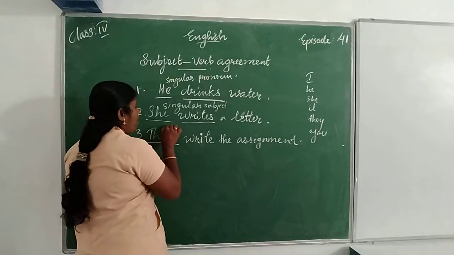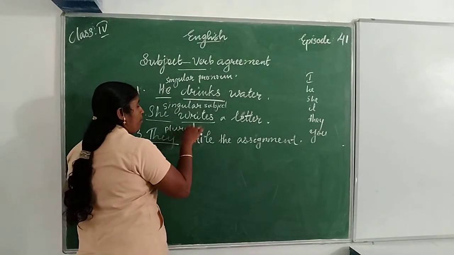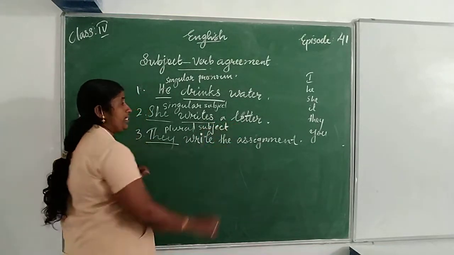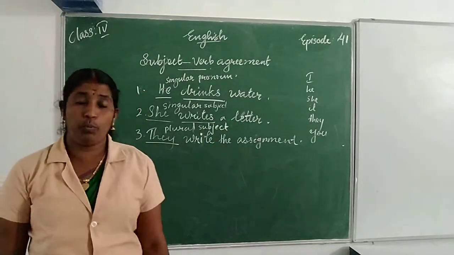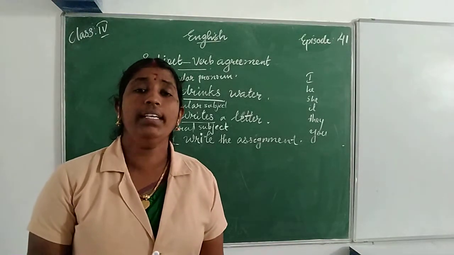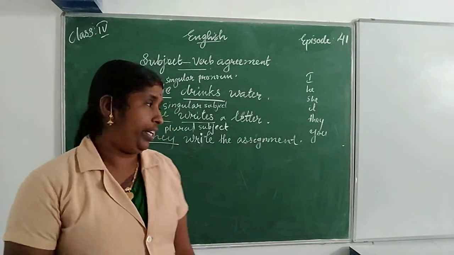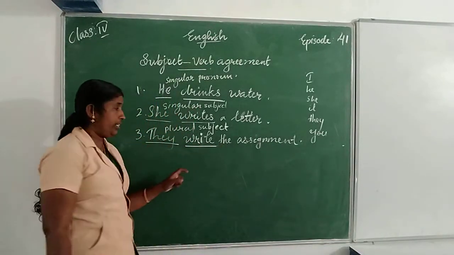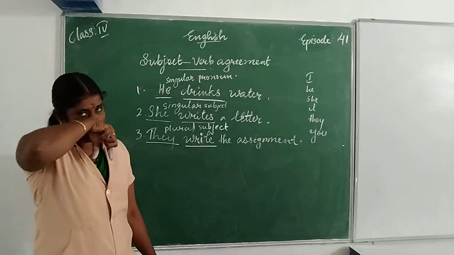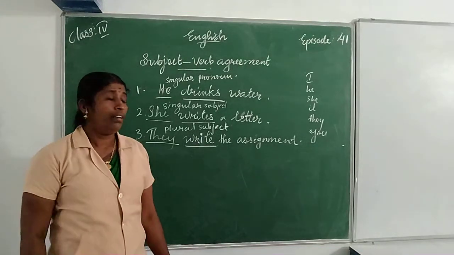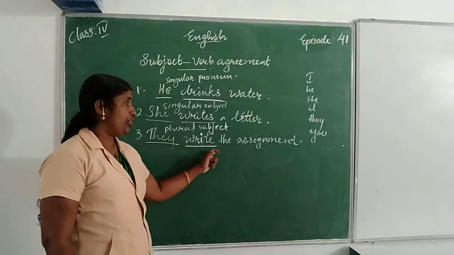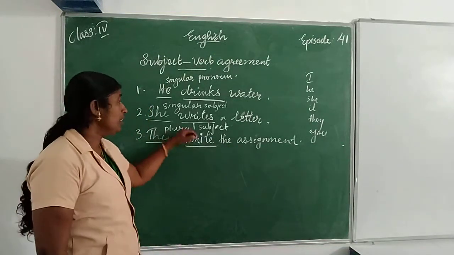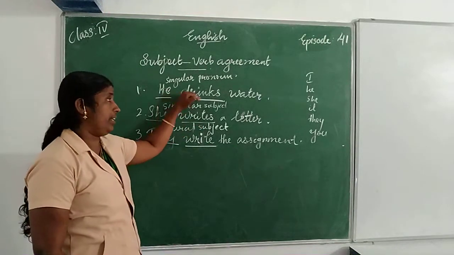Plural means more than one. Plural refers to more than one and singular refers to only one. With they, we use the verb write. It is the plural form of the verb. They write the assignment. She writes a letter. He drinks water.